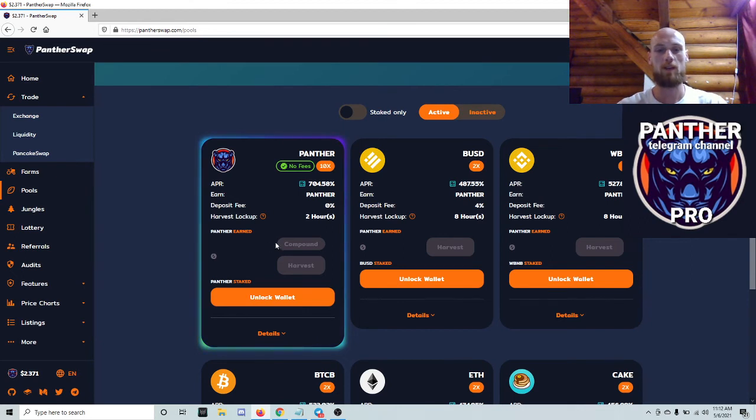Once you're stacking Panthers, you can compound them, which is basically just doing that again on top of it, all right? So you're going to be rolling in Panther. So now you are very dependent on Panther doing well, but it will also provide you with the maximum amount of gains. Now remember, you have to sell to get your gains.